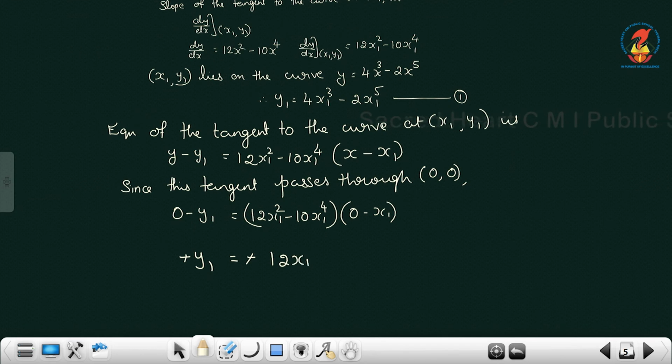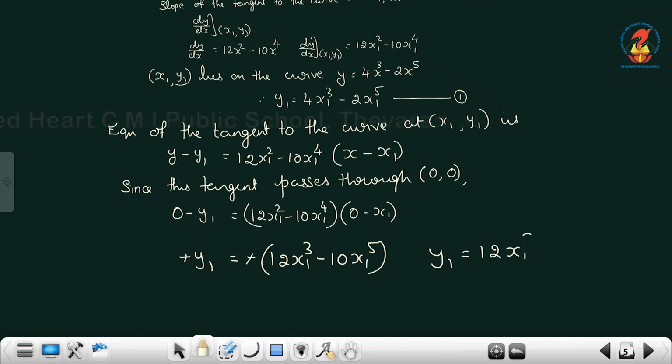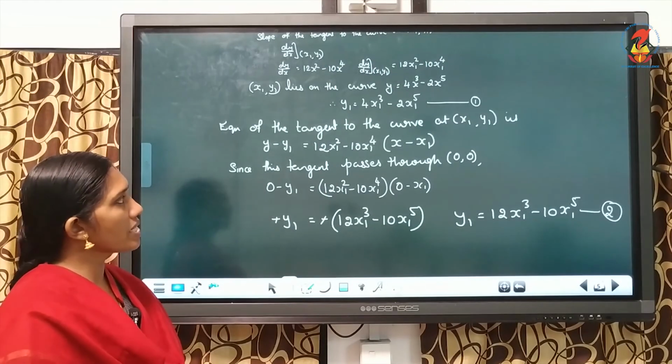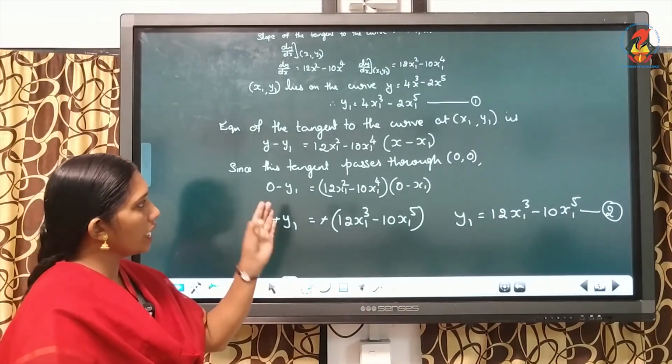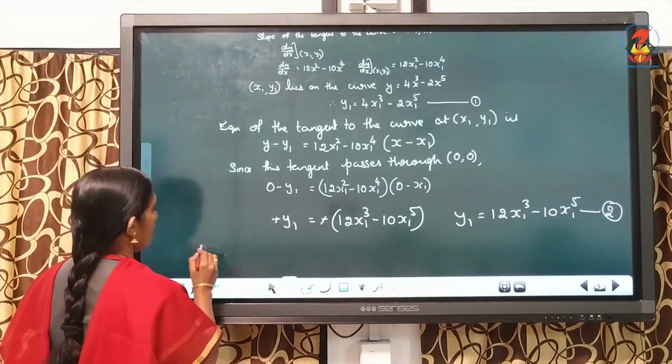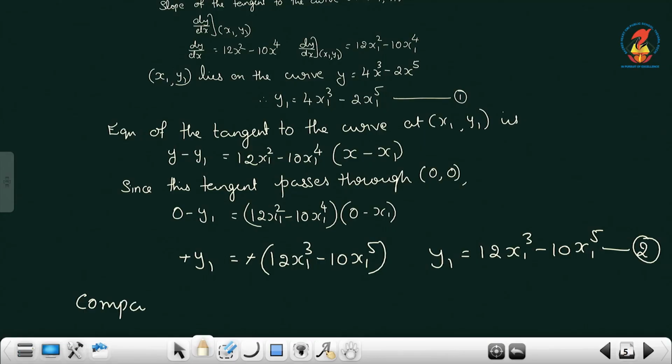So, 12x1 cube minus 10x1 raised to 5. So, y1 is equal to 12x1 cube minus 10x1 raised to 5, equation number 2. Now, you compare 1 and 2, the left side is equal. So, we can equate the right hand side.